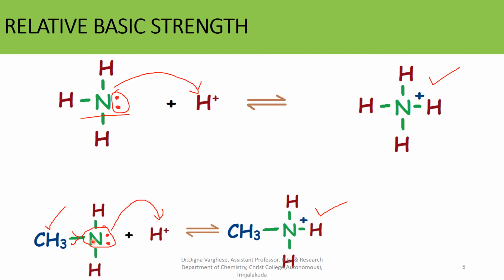So the methyl ammonium ion formed from the amine gets stabilized due to the dispersal of the nitrogen positive charge by the plus I effect of the methyl group. So the plus I effect of the methyl group makes the amine more basic than the ammonia molecule. So methylamine is more basic than ammonia.